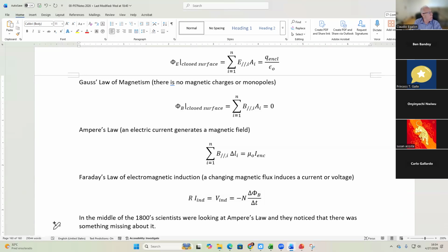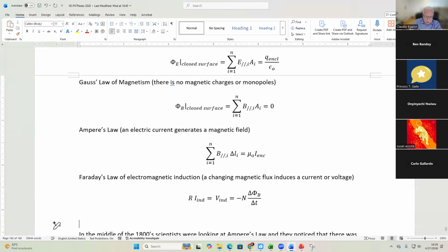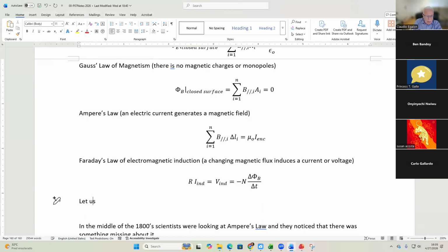Before that, I don't want to talk about Ampere's law yet. We're going to talk about Ampere's law eventually, but let's concentrate first on Faraday's law.